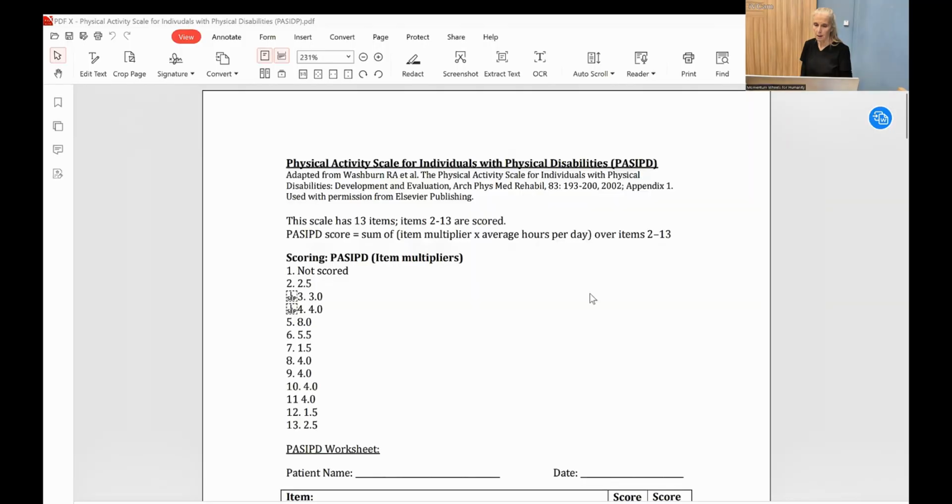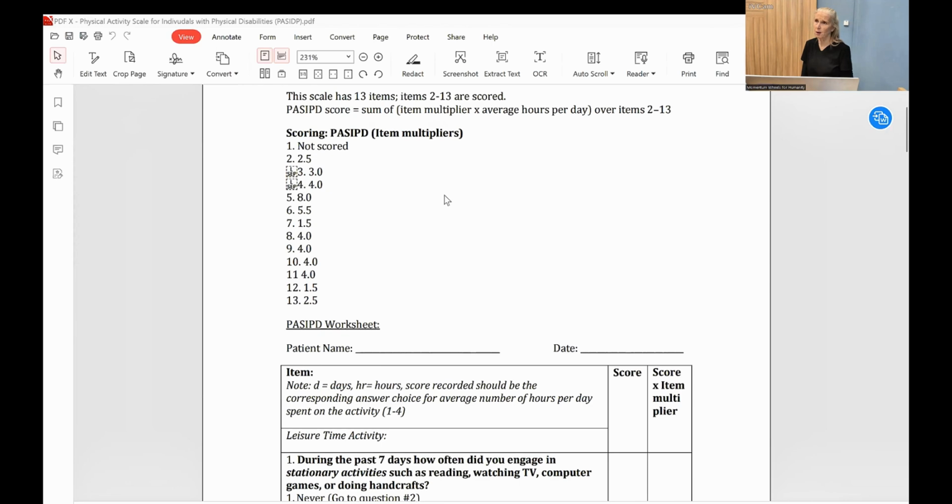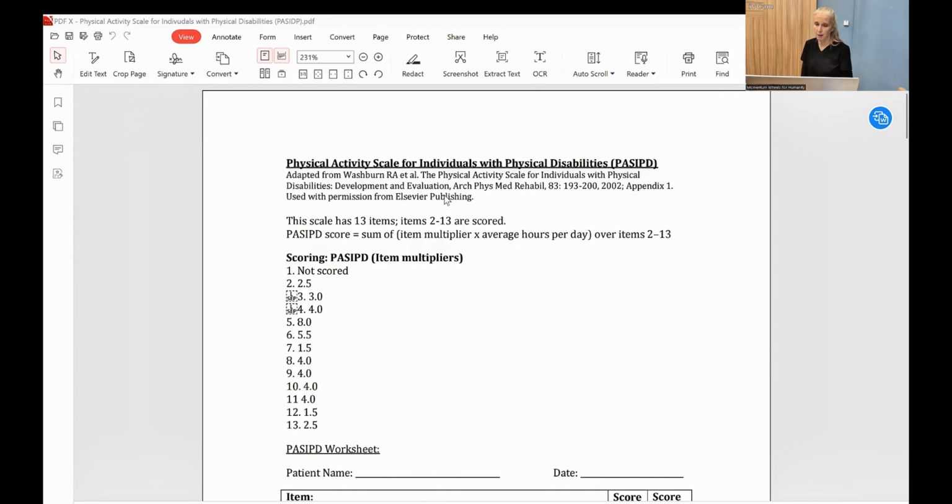And it also asks how many hours a day do you perform these activities? So again, some of the activities on this particular scale are especially for individuals that are probably more in an outpatient setting.